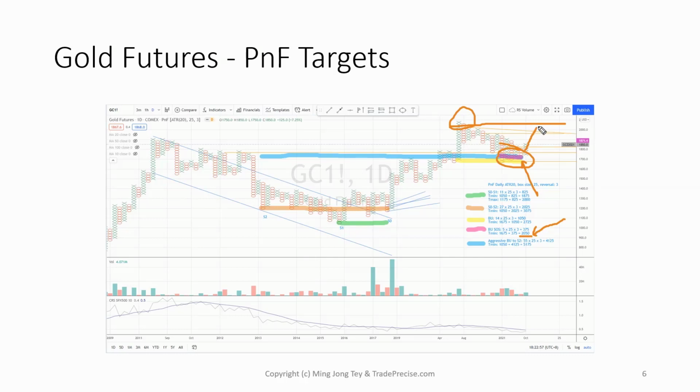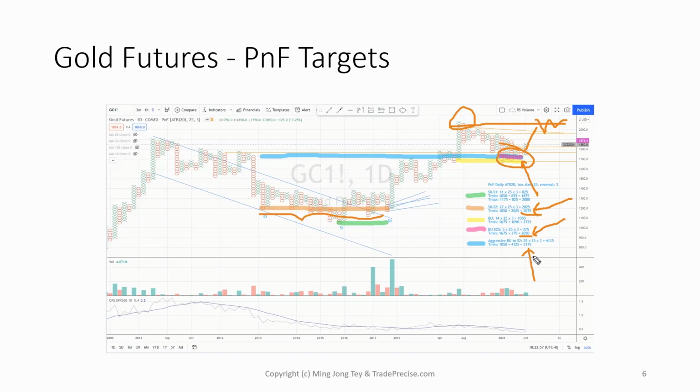And if this is hit and materializes, it will probably have another reaction, and we can probably expect some form of higher target, 3,000. Based on this orange segment, the count is about 3,000. And also, if we want to stretch it further for the aggressive calculation, it could go all the way to about 5,000.